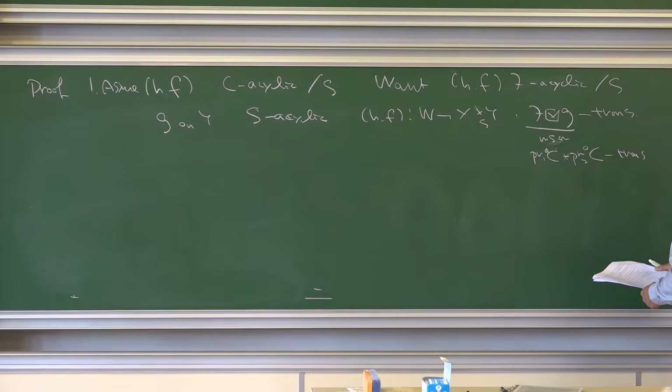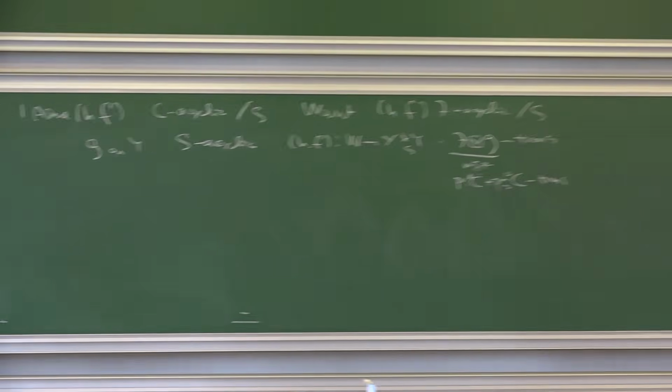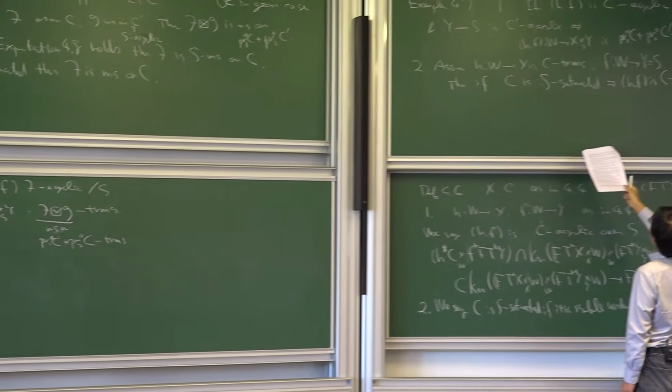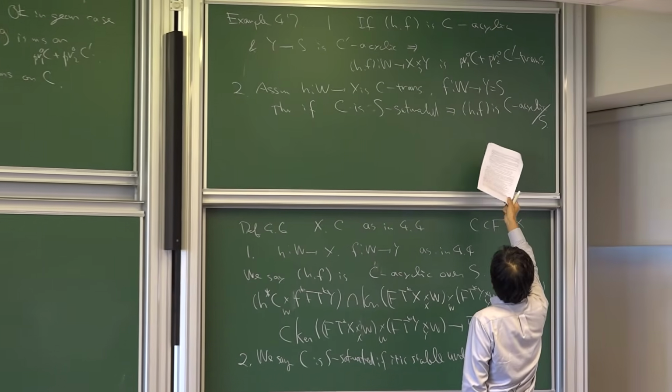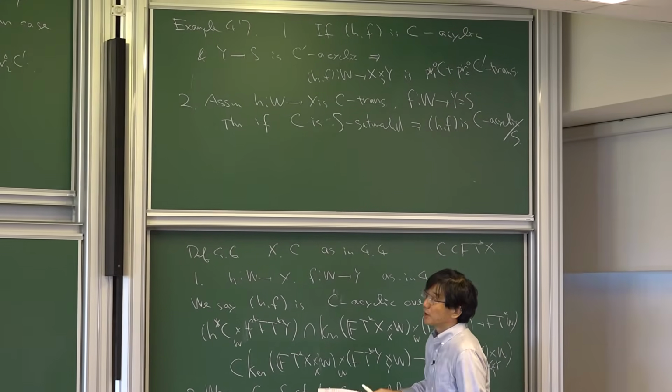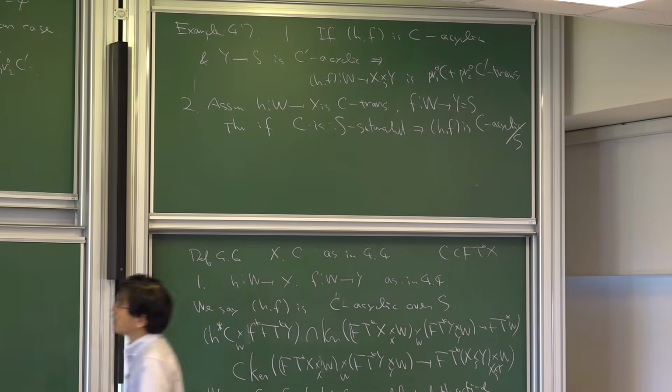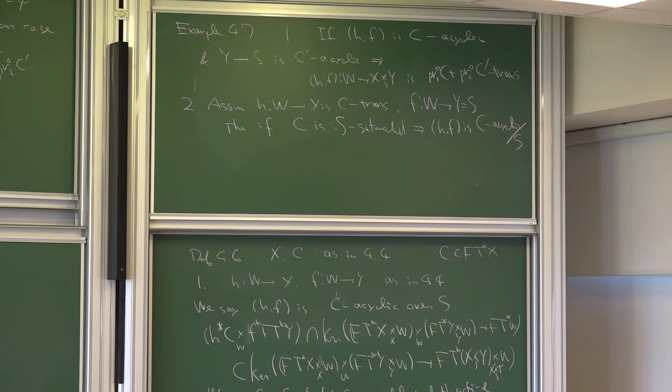And by this property, this pair is this. C is micro-supported where? The same C?